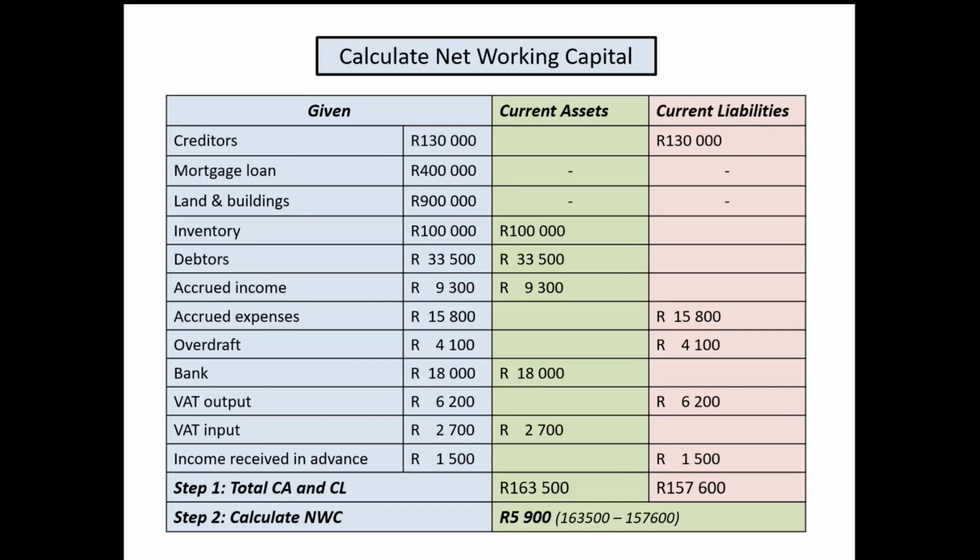And then we have something here called income received in advance. Maybe there is somebody that is leasing part of the property from you, and they say, oh, I'm just going to give you some of the money in advance. You should record that as a current liability, because just now something goes wrong.